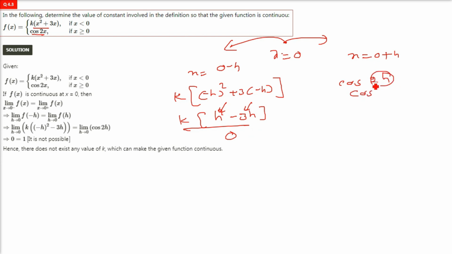On the right hand side, cos 0 is 1, as we are applying the limit h tends to 0. So 0 is equal to 1. If LHL and RHL are equal, 0 is equal to 1 and we are not having k anywhere. So there does not exist any value of k which can make the given function continuous because of this contradiction.